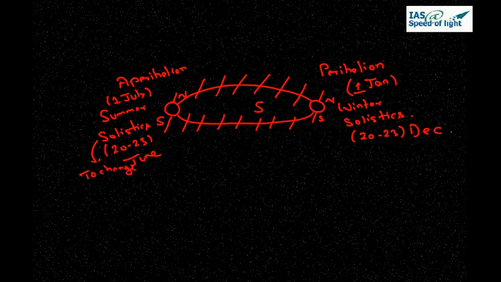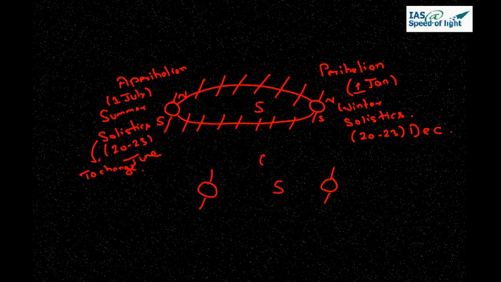Now we introduce two other points around the sun. So you just draw with me here. Here we have the earth. This is perihelion, the winter solstice. This is the summer solstice for the northern hemisphere.